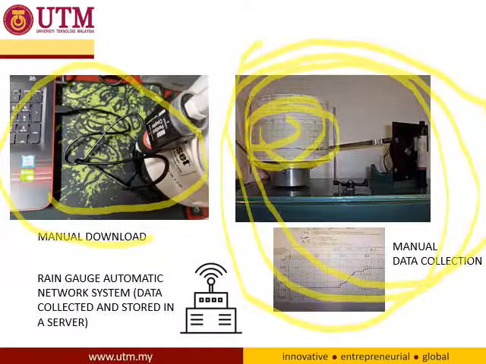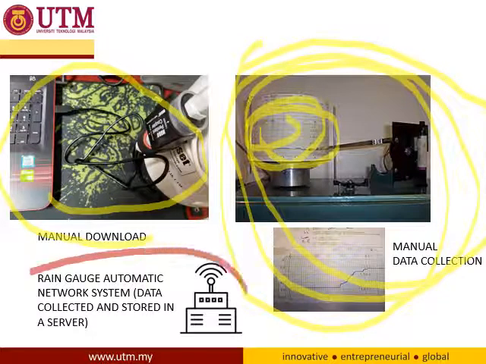Okay, and the most high-end way is this kind of automatic rain gauge network system, where the rain gauge is connected to a network system and automatically collected and stored in a server. For the Department of Irrigation and Drainage Malaysia, we have had this kind of network system since, if I'm not mistaken, 1970. So it's a network of rain gauges across the whole of Malaysia, and the data are automatically collected and downloaded to the server.